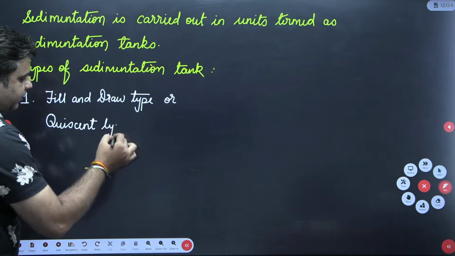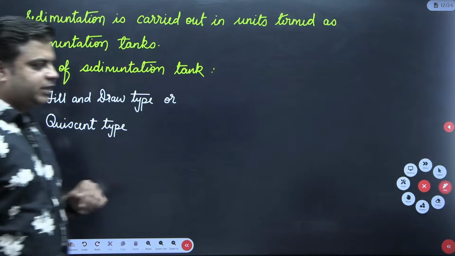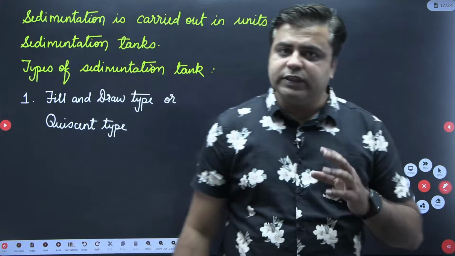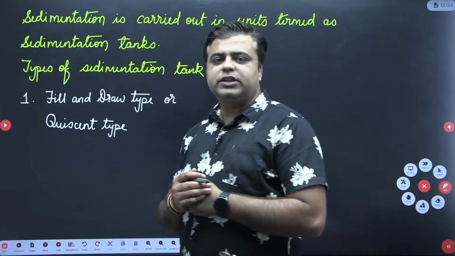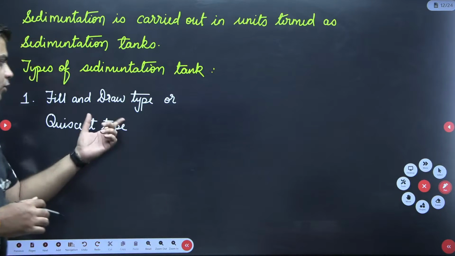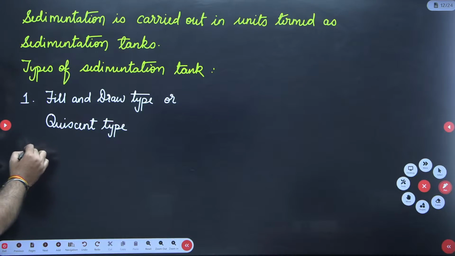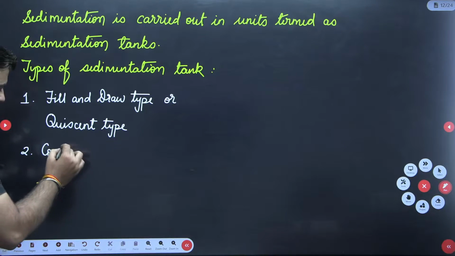The first type of sedimentation tank is known as fill and draw type or quiescent type sedimentation tank. The second type of sedimentation tank is known as continuous flow type.